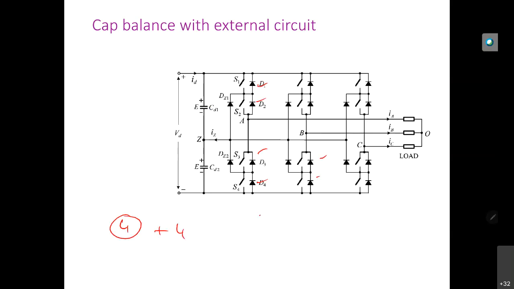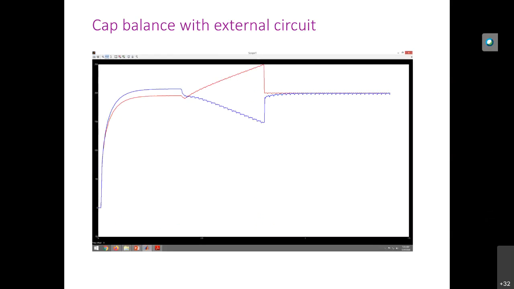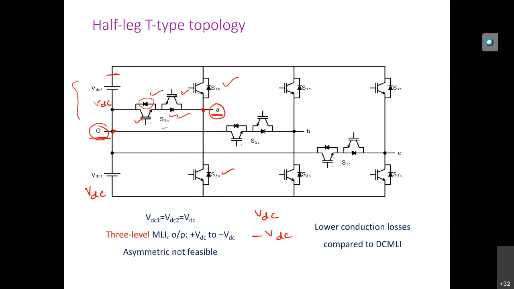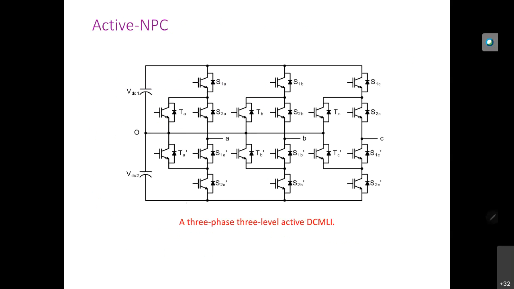That means 12 active switches and 6 diodes you actually require. Whereas in this case, how many switches are required? 18 switches are required.